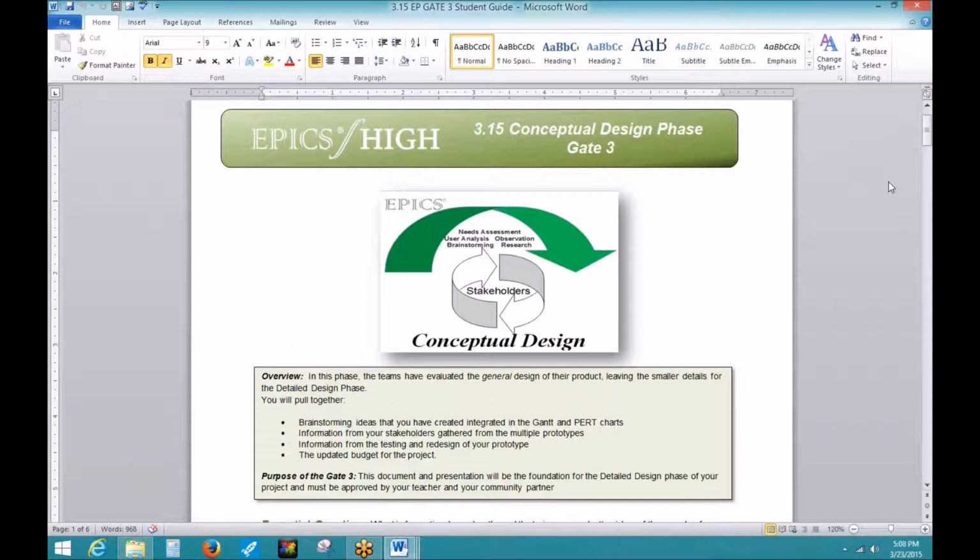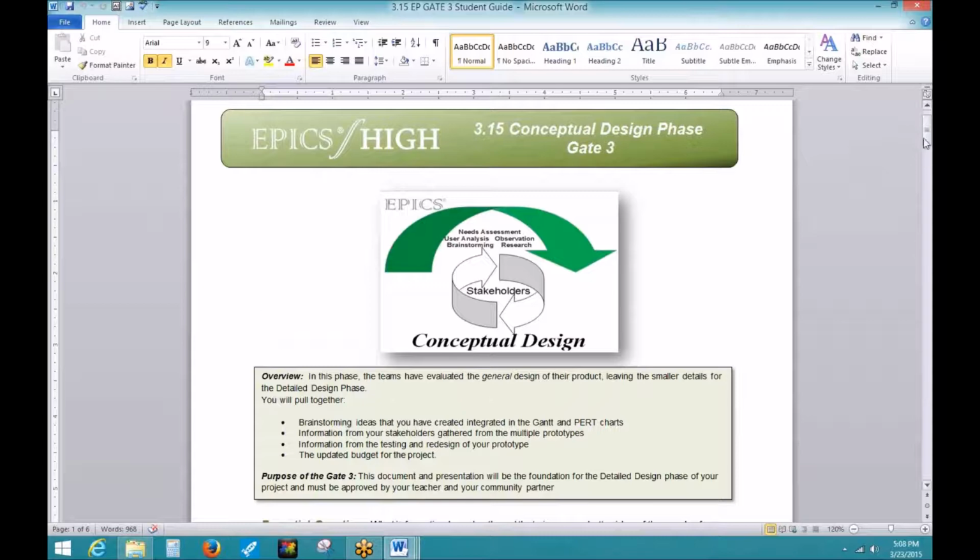Because on the last day we're going to talk about the delivery phase, and how you can implement it in your school. So we're going to share your plans.